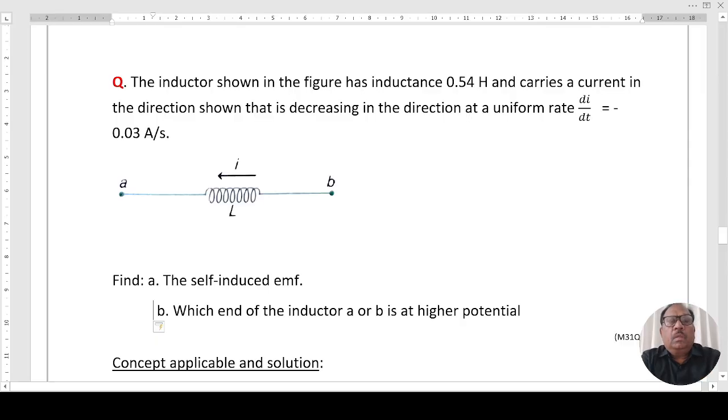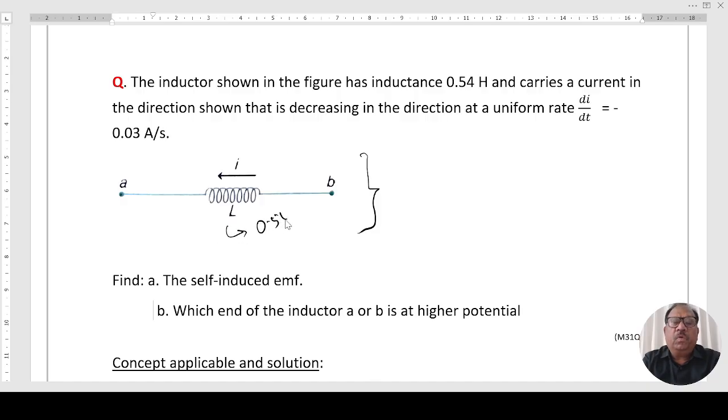Question is, the inductor shown in the figure has 0.54 Henry and carries a current in the direction shown that is decreasing at a uniform rate of minus 0.03 ampere per second.